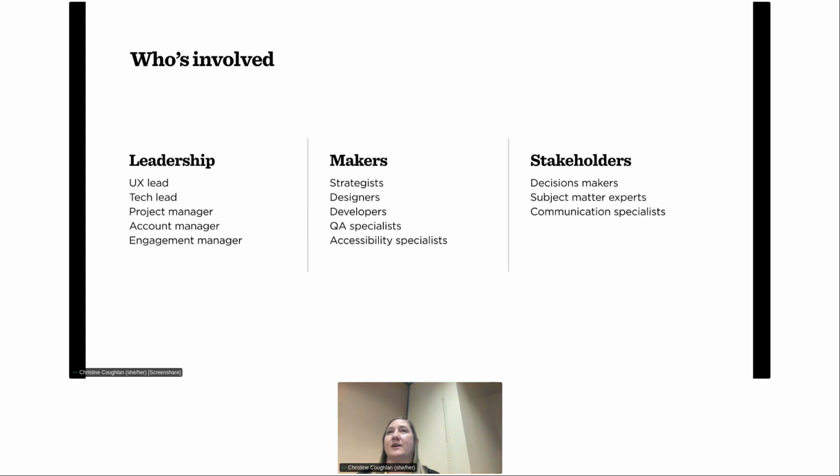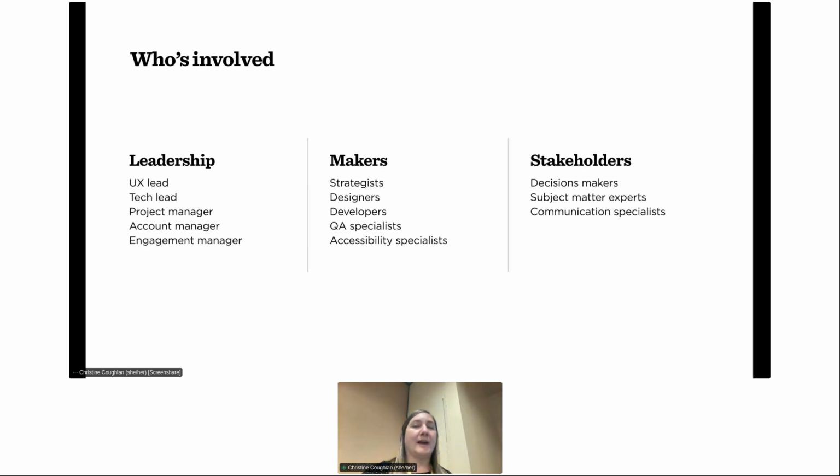They're the ones that are there saying, like, this is how we move forward. This is where we need to get to. They also are the people that provide all of the subject matter expertise to you. And in many cases, we also have a lot of communication specialists coming in that, again, are talking about how they communicate with their different users.